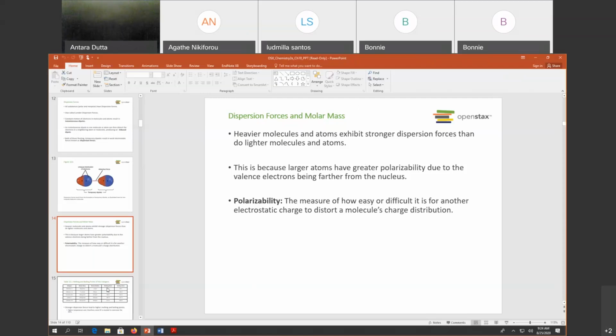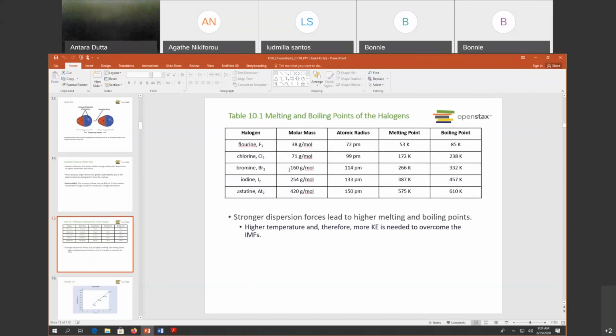I hope everybody understands. So here you see the effect of intermolecular force. We understand the force that can exist between two molecules, depending on the nature of the molecule, basically the polarity. Now, how do you see this effect? You can see it by looking at the boiling point or melting point.